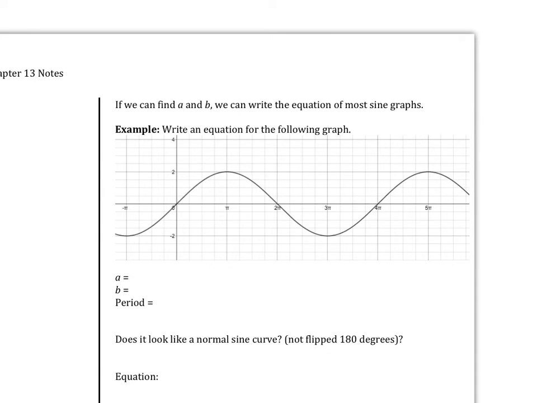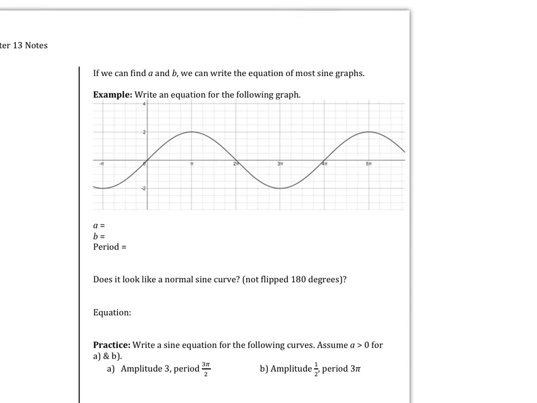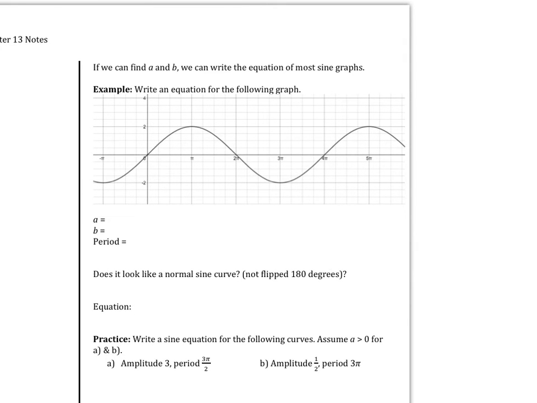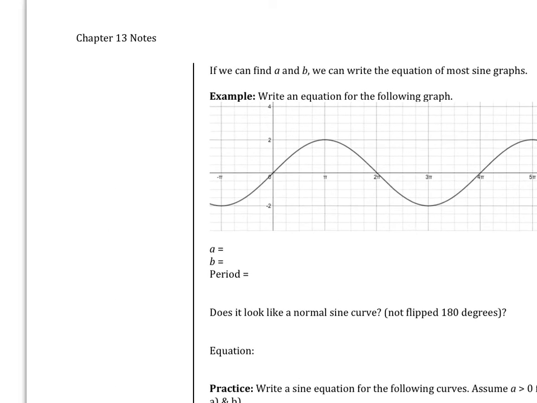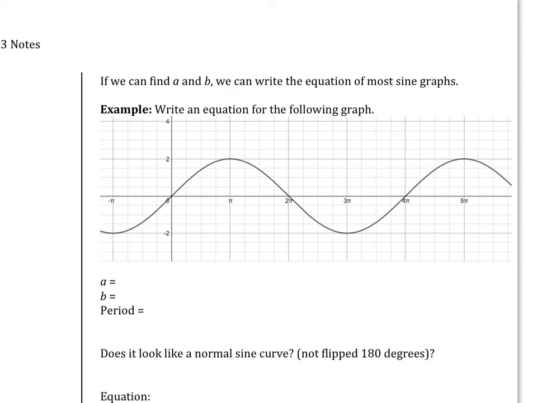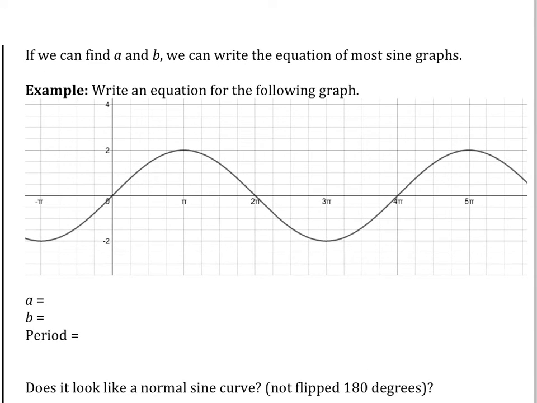All right, so what we're going to do now is we are going to be given a graph. We are going to rewrite an equation. So what you want to do is be able to tell what kind of graph this is. A sine graph will always start at 0, 0, and then it's always going to go up first and then down.